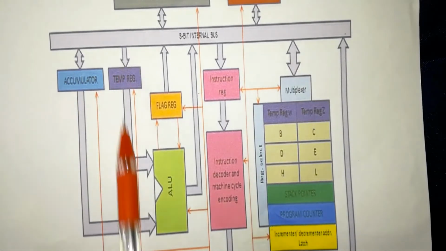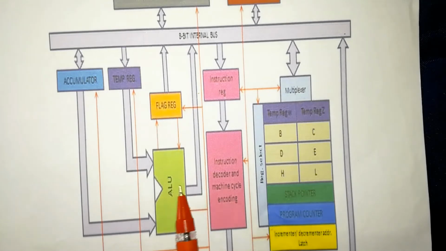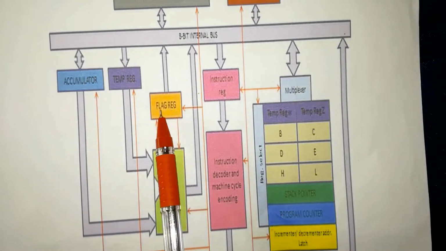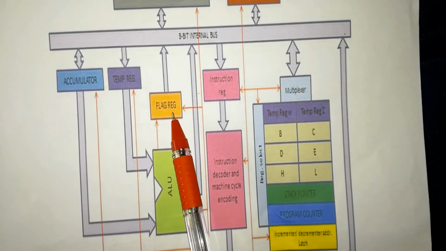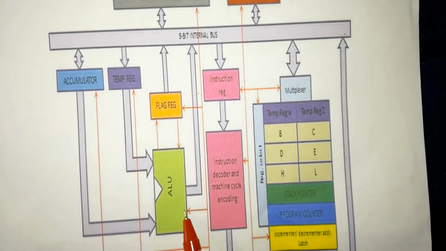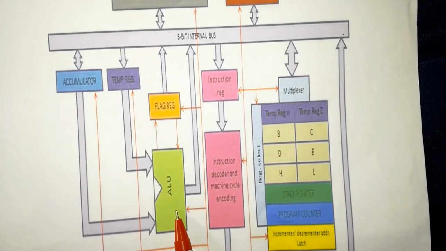Accumulator and temporary register give data to ALU. ALU will operate on those data and on the basis of result, flag register will set the flag, either set or reset. So it is 8-bit unit where arithmetic and logical operations are carried out.